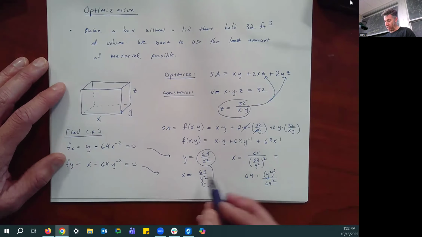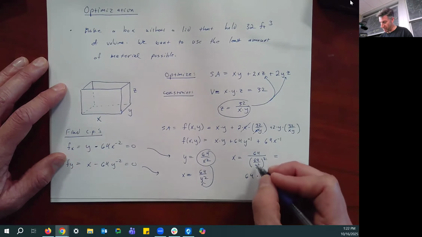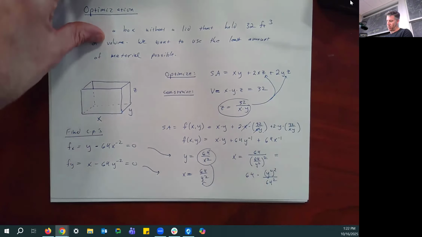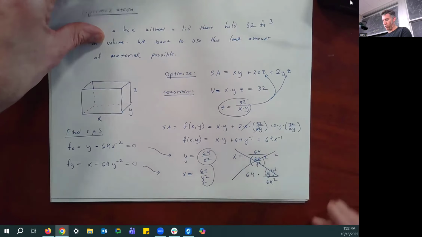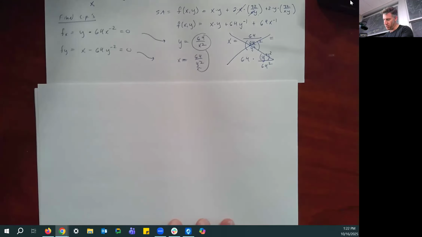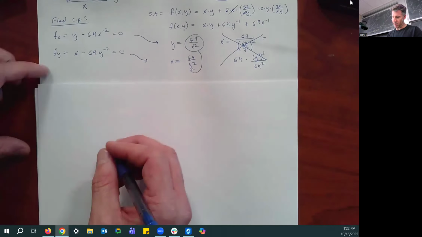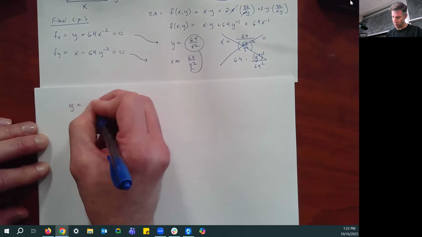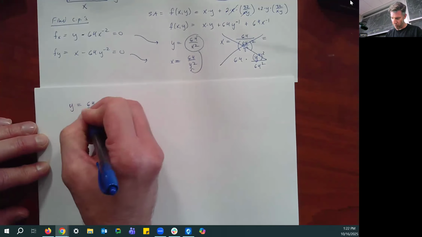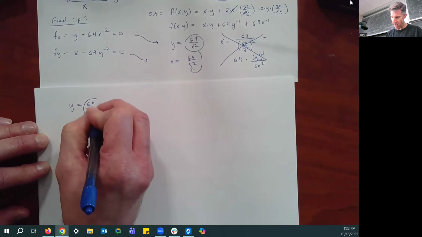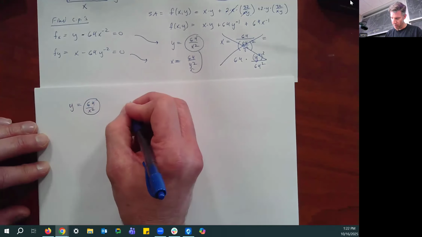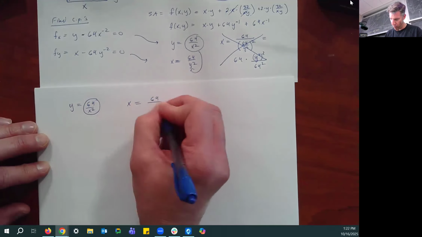I was plugging in 64 over x squared into y squared, so that should be an x, not a y. Let's give ourselves more room to work with because we have plenty of paper. Looking at this again, I was taking my y equal to 64 over x squared and substituting that into the equation x equal to 64 over y squared.